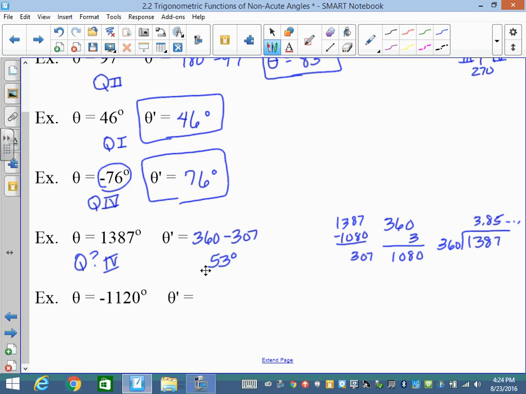Okay, next one. Should I sit there and tell you guys to figure this one out? So we need to know what quadrant we're in. Now this is a negative angle, so be careful with this one. Same thing. 1120 divided by 360 gives us 3.1111, it keeps going. But now this is a negative angle, so we want to do 360 times 4.